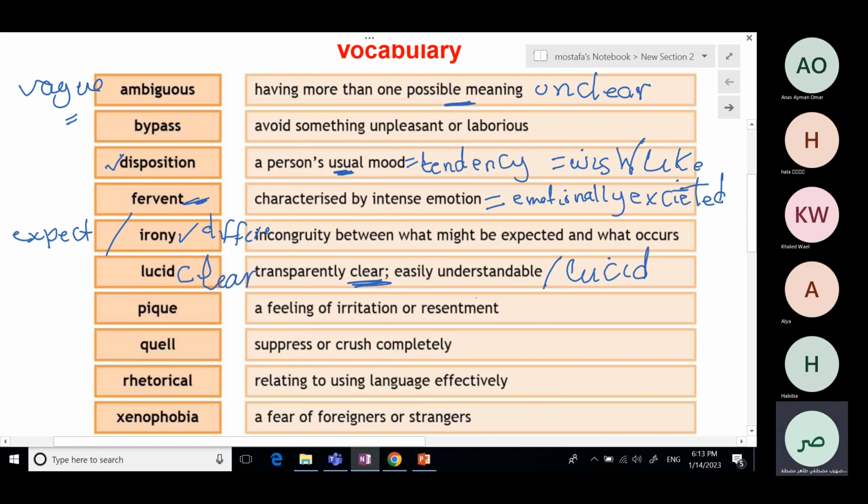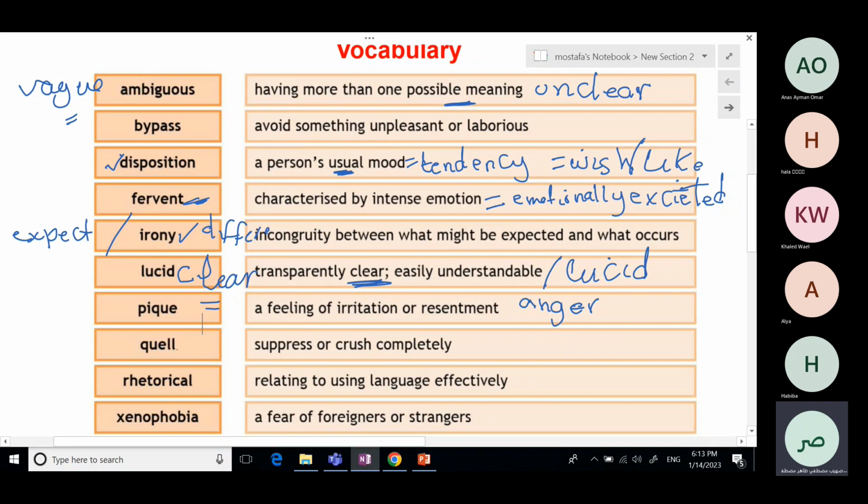Pique, a feeling of irritation or resentment. Both words mean anger. Irritation is from irritated. If somebody is irritated, he is angry. If somebody is resentful, he is angry. So the feeling of anger is pique.